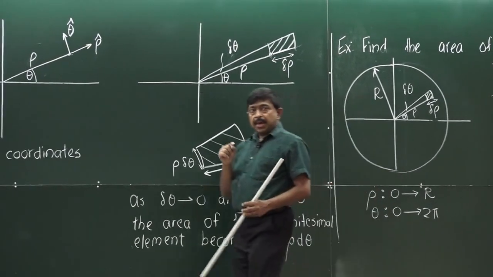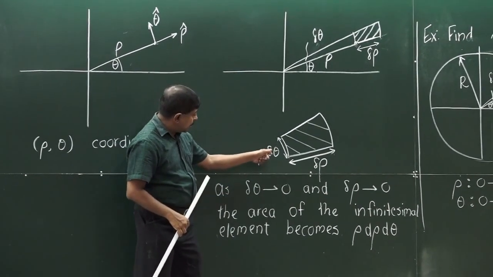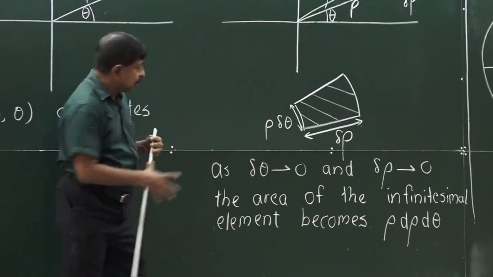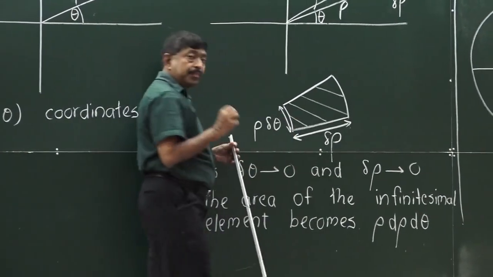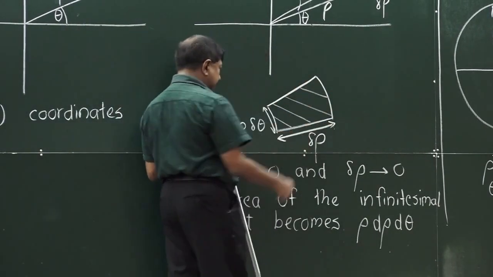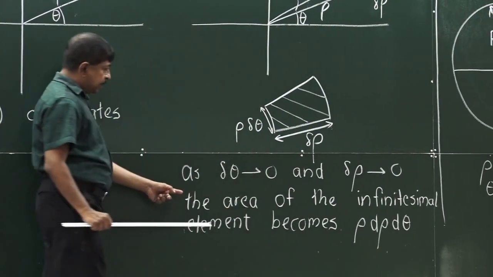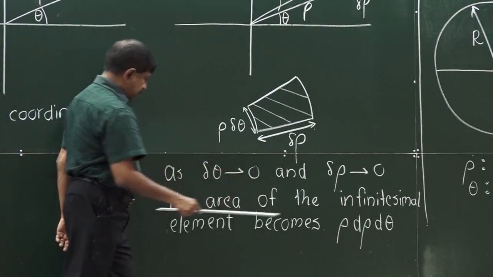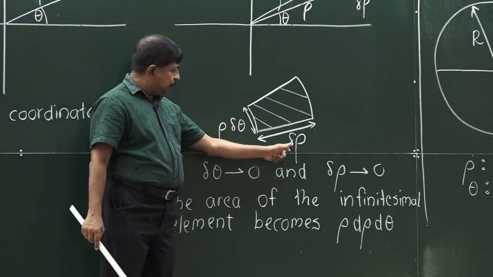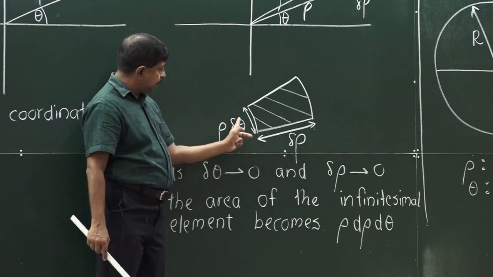Now, this is not a rectangle, but as delta rho and delta theta go to 0, this becomes smaller and smaller, and you can see that it has the shape of a rectangle. Therefore, under this condition, when they go to 0, we replace them by d rho and d theta.